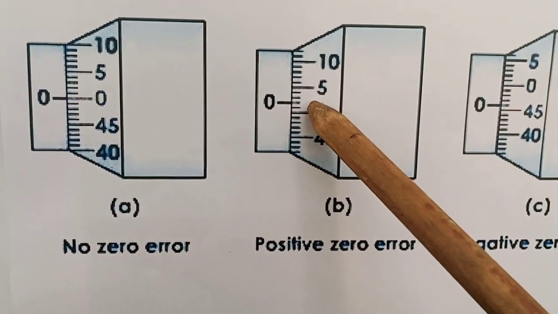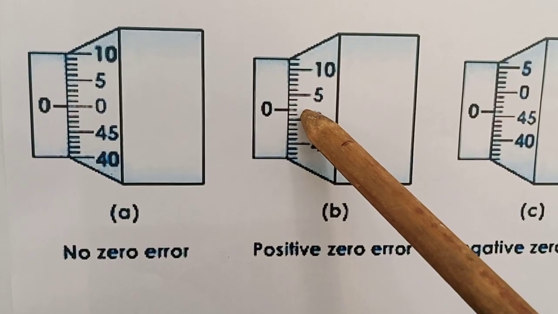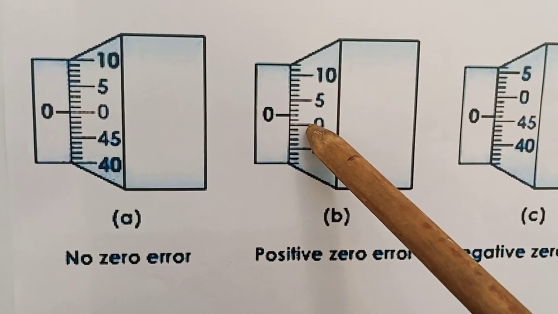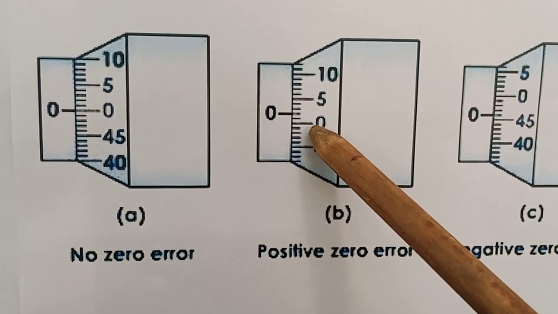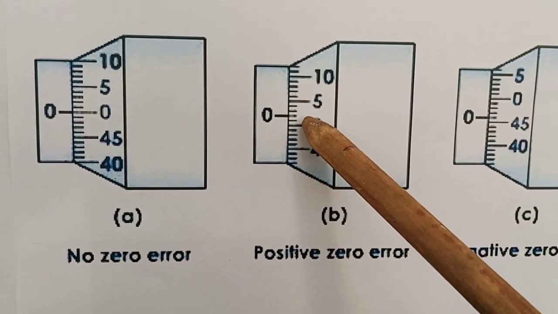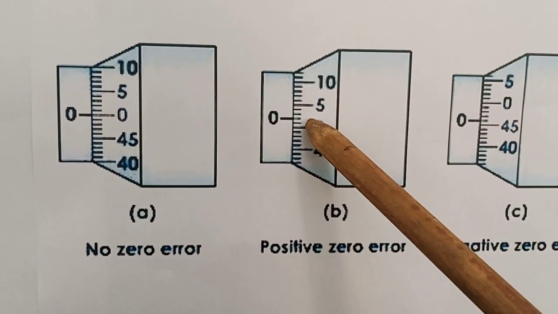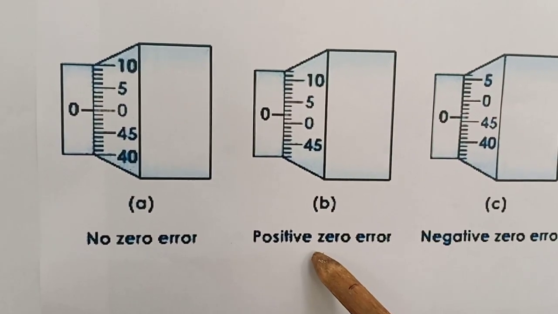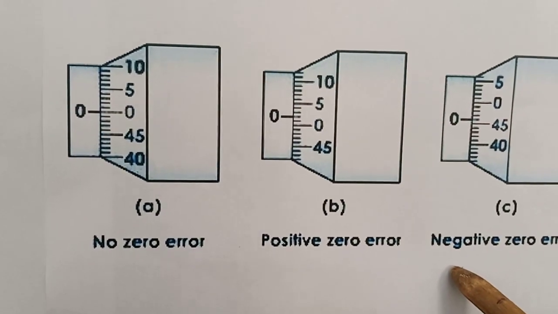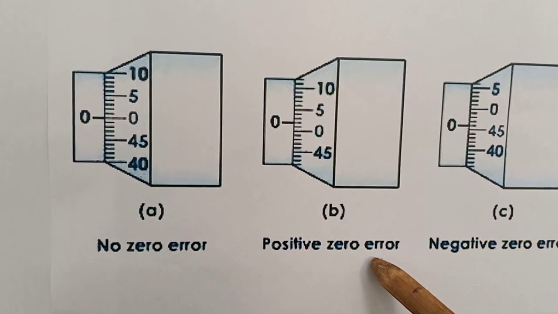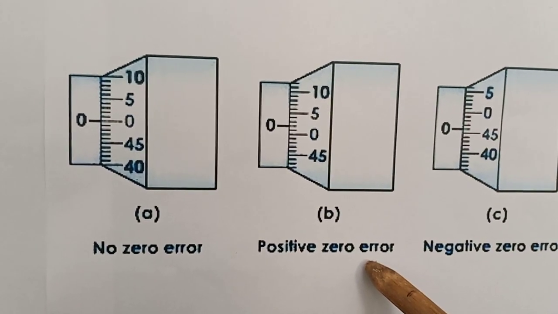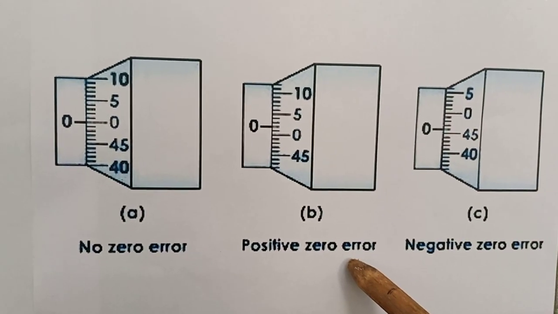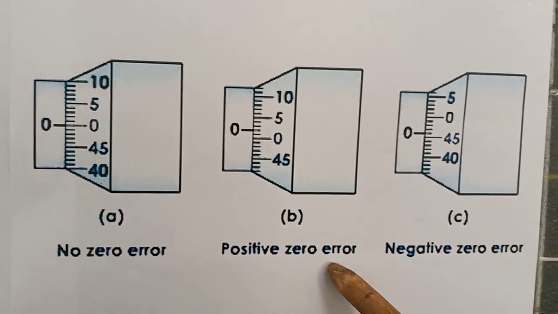It is simply the number of divisions it has moved ahead, multiplied with the least count. Keep in mind always that this zero error is also multiplied with the least count, and only then will you get a correct reading.